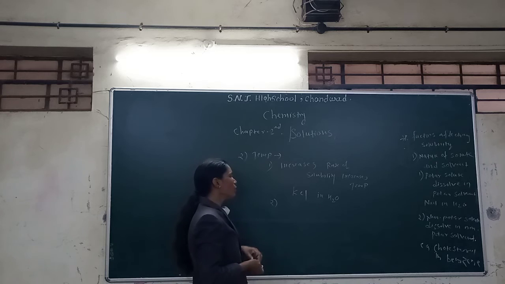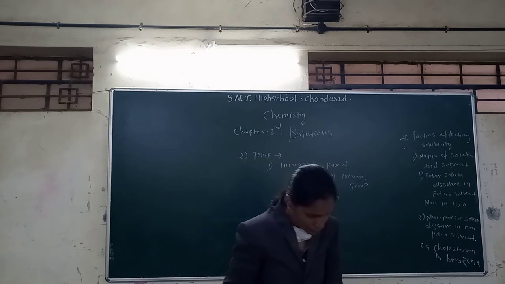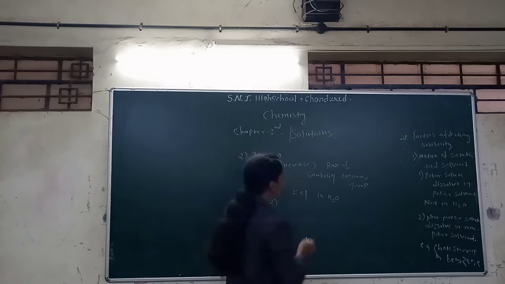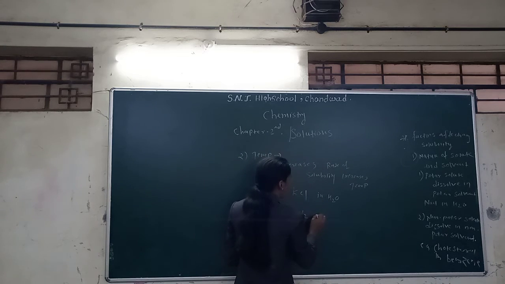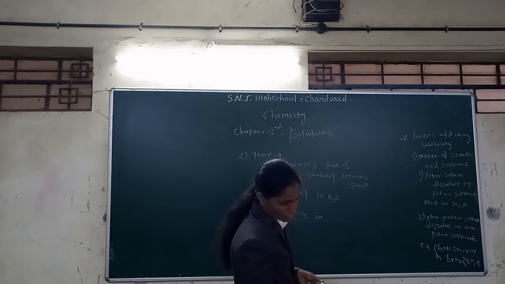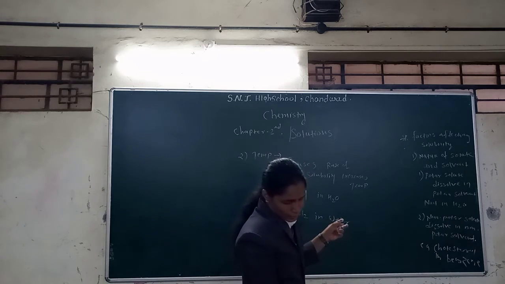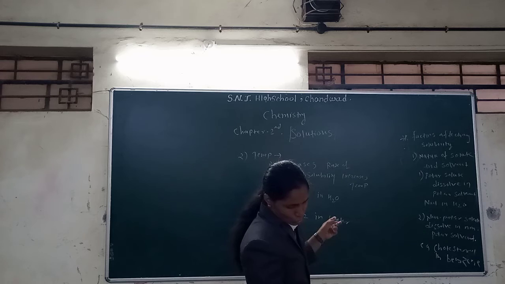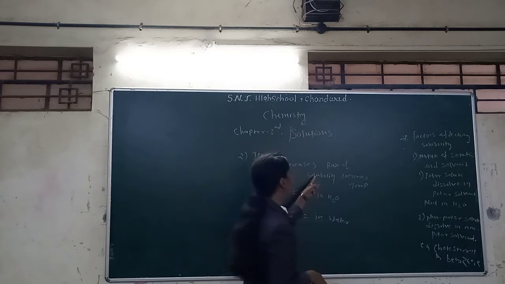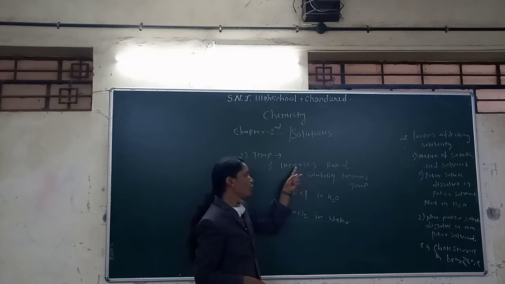And some other examples, like CaCl2, calcium chloride dissolved in water. These are endothermic and exothermic reactions. First is the endothermic reaction. In an endothermic reaction, heat is required. Therefore, with an increase in heat or temperature, the solubility increases.